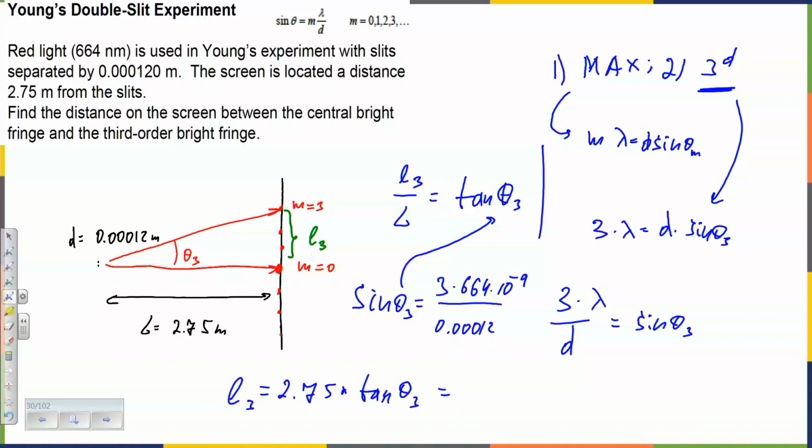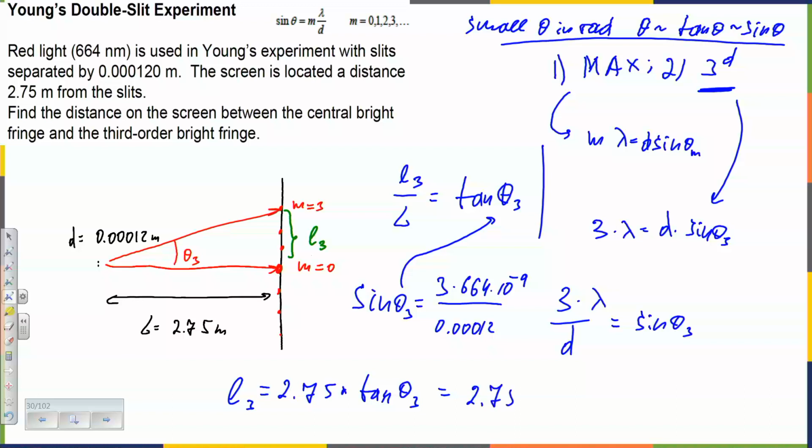For a small angle measured in radians, there is practically no difference between values of sine of this angle, tangent of this angle, and the angle itself. So, this is what I need to do. This is a very good approximation.